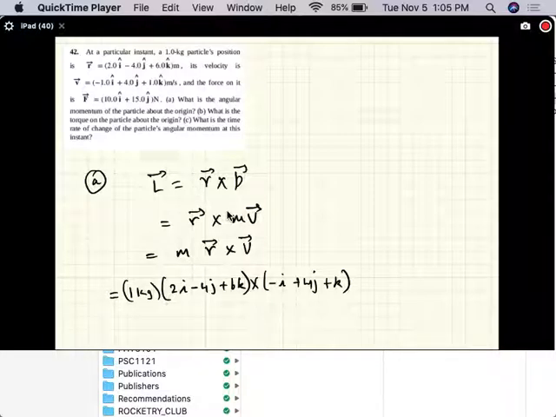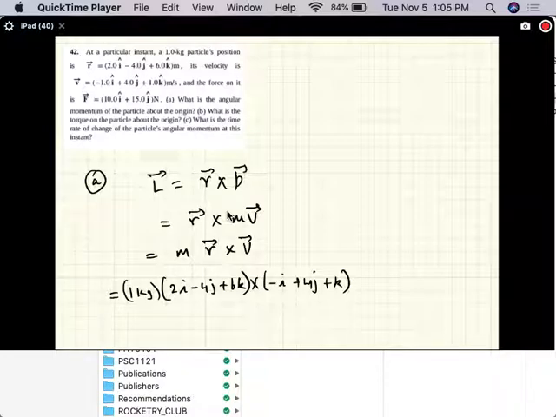So let me remind you of the definition of a cross product. Here is how you remember it.